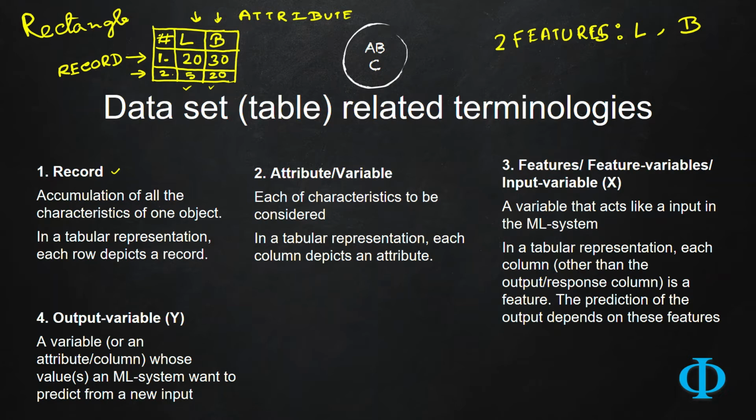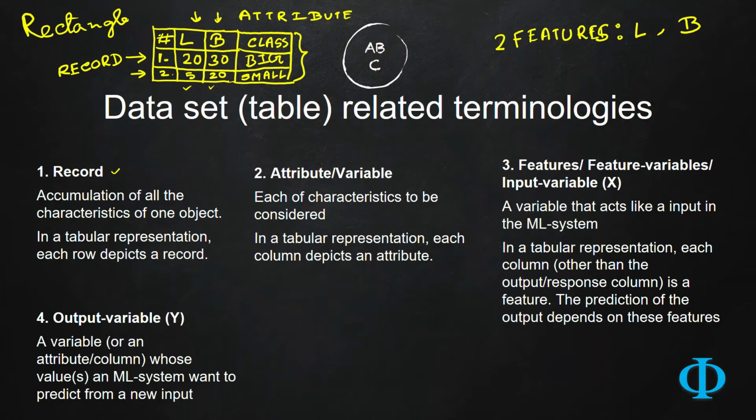Now let's say based on this length and breadth, we have to predict its class. Let's say class means whether the rectangle is a big rectangle or simply a small rectangle. So that can be our output prediction.